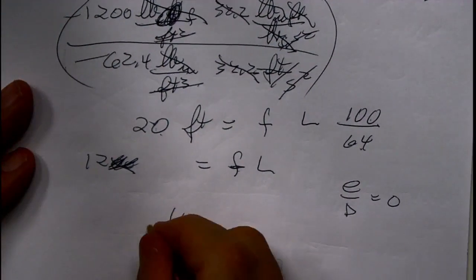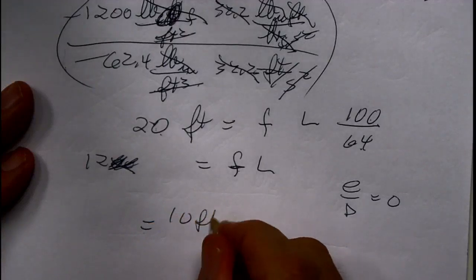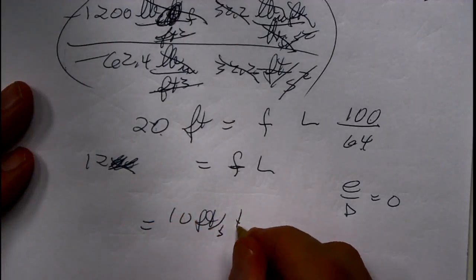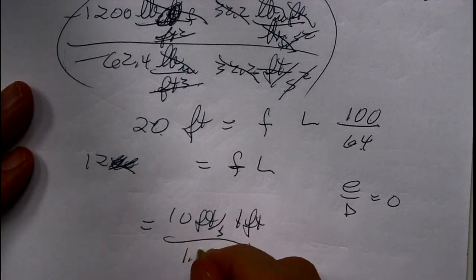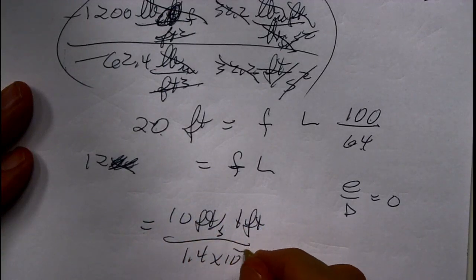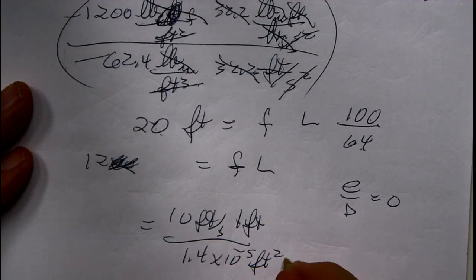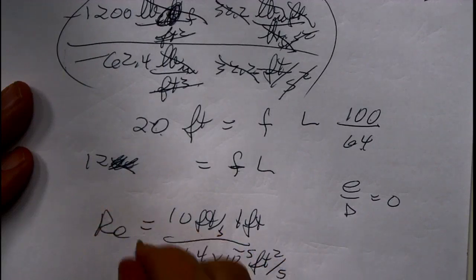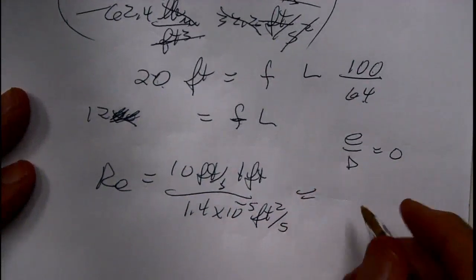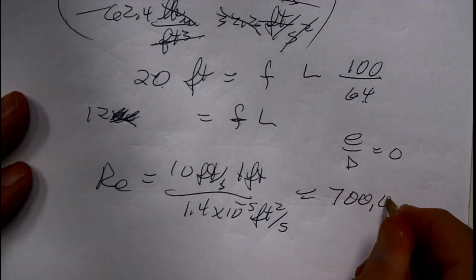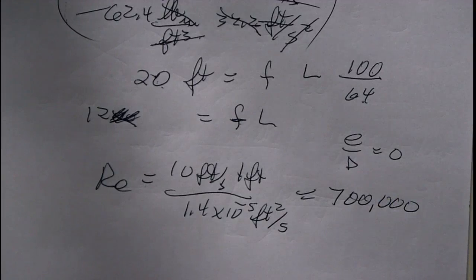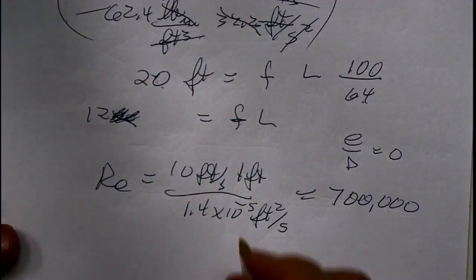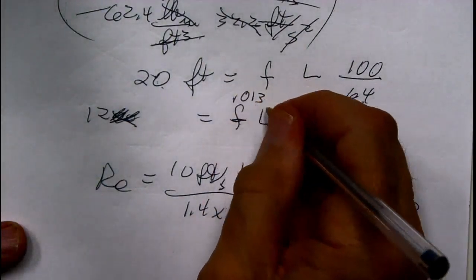Reynolds number will be 10 feet per second times 1 foot times 1.4 times 10 to the minus 5 feet squared per second. Yeah. This is our Reynolds number. As you recall, our Reynolds number was 700,000. So if I go to my Moody diagram, the Reynolds number didn't change. I get a friction factor of 0.03. 0.013 is our friction factor.